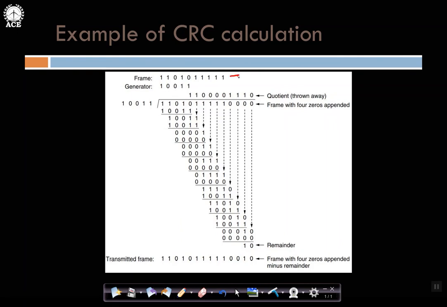What is the polynomial corresponding to this? x power 0 into 1, plus x power 1 is also 1, plus x square, x cube is also 1, x power 4 is also 1, but there is no x power 5, but x power 6 is there, x power 7 is not there, 8 is there, and x power 9. So this is the polynomial corresponding to this data frame, x power 9 and so on.